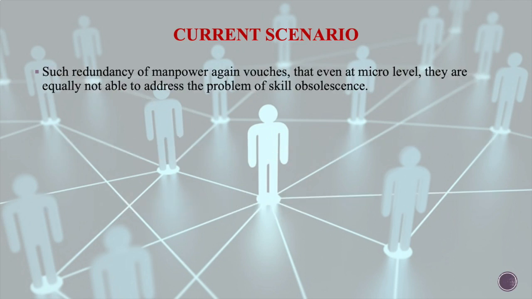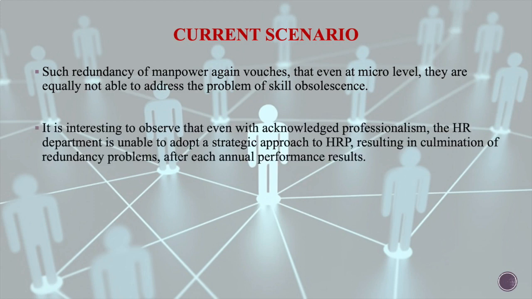Such redundancy of manpower vouches that even at the micro level, they are not able to address the problem of skill obsolescence. So it is interesting to observe that even with acknowledged professionalism, the HR department is unable to adopt a strategic approach to HR, resulting in the culmination of the redundancy problem after each annual performance result.